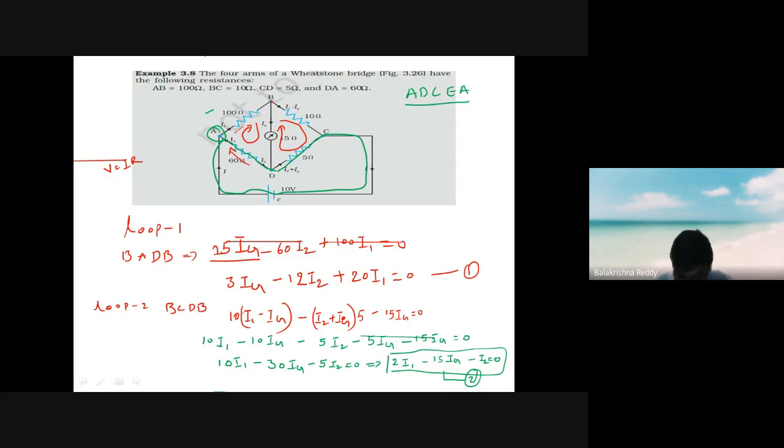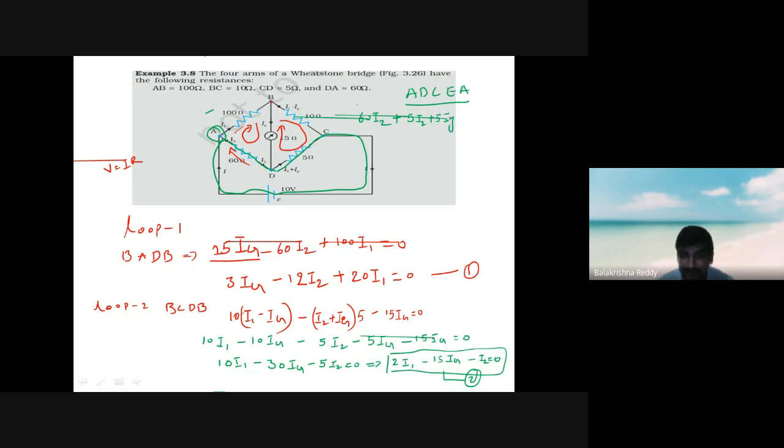When I consider this, I should first start from A. When I start from A, I have to choose the direction of the current. So here 60 I2 is positive. Next, after that D to C, it is also in the direction of current, 5 I2 plus 5 Ig.